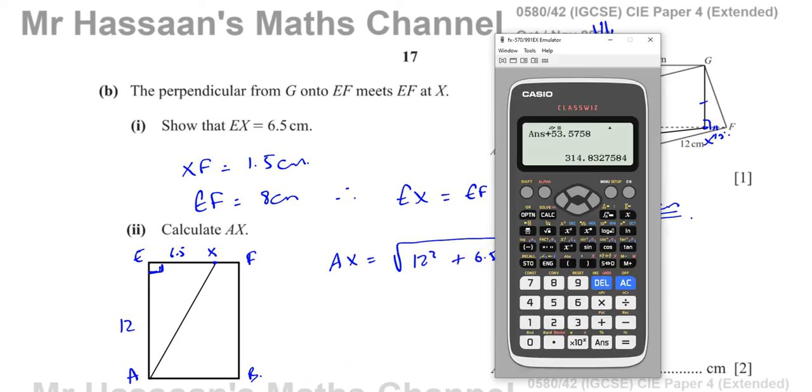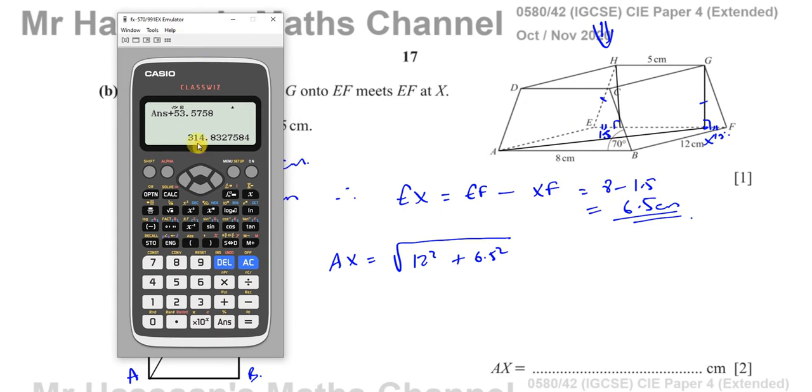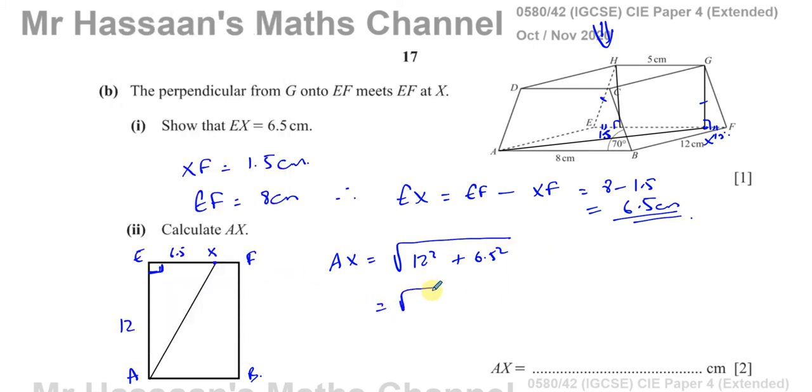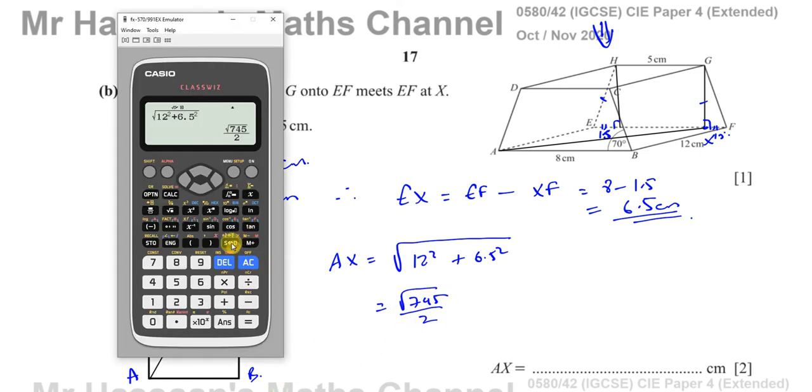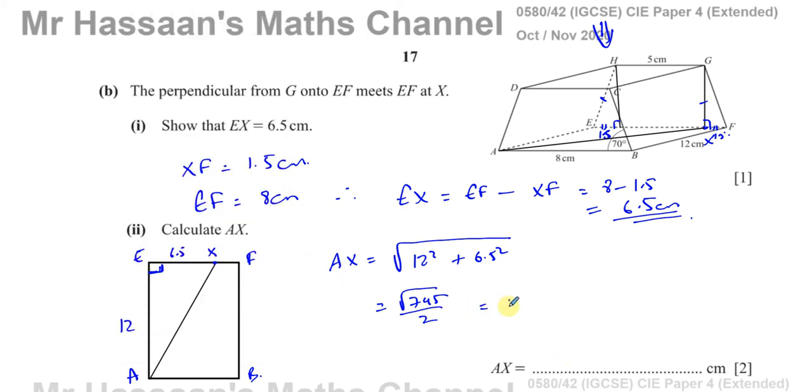So the square root of 12 squared plus 6.5 squared gives me the square root of 745 over 2. Of course, we have to give an answer to 3 significant figures, so I press the decimal button, and I get 13.647, sorry, 13.647.